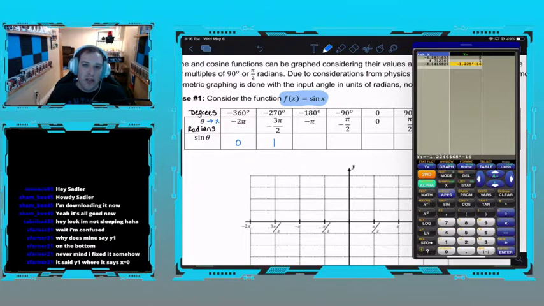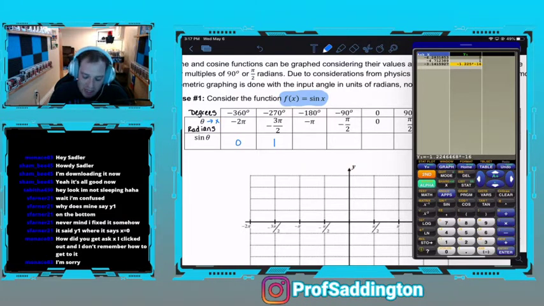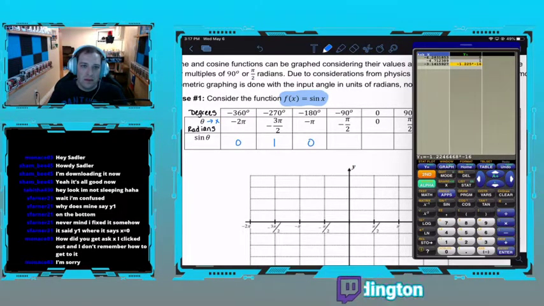So what your calculator is doing is it's so precise that it's telling you the exact decimal. This is telling you that you're going to move the decimal to the left 16 times. So it's going to be 0.000000000, and it's going to keep going. So if you ever see something with an E next to it, it's really just going to be 0. Okay, so that negative 1.225 e to the negative 16 is really 0.